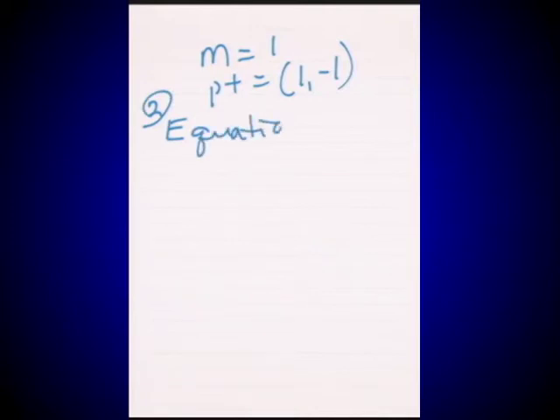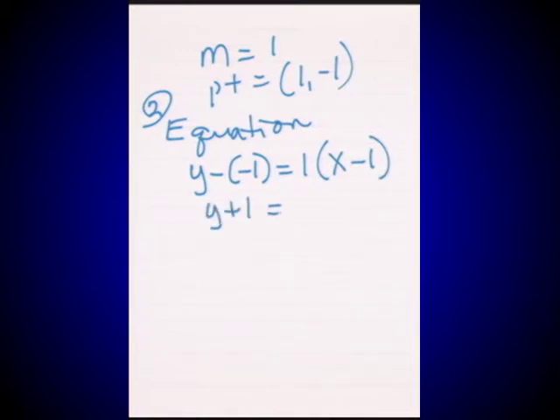Now we'll write the equation using point slope form. So y minus, in the formula, y of the point, equals slope 1 times x minus x of the point. Again, we don't want to leave a double minus, so we'll call that y plus 1 equals, and 1 times anything is just that same thing. So I'm going to put it in this form for our point slope form of the line.